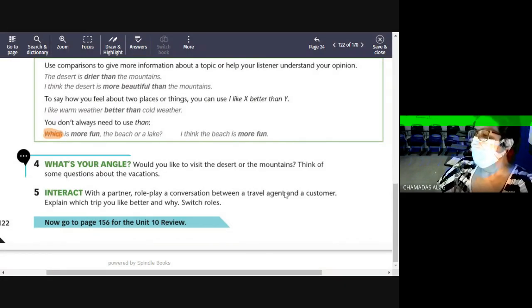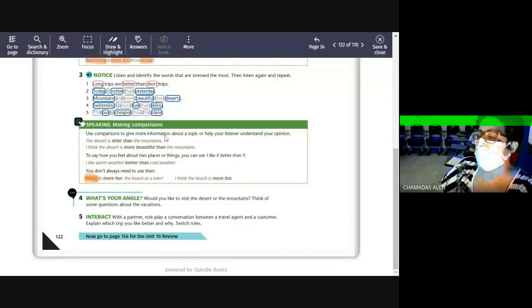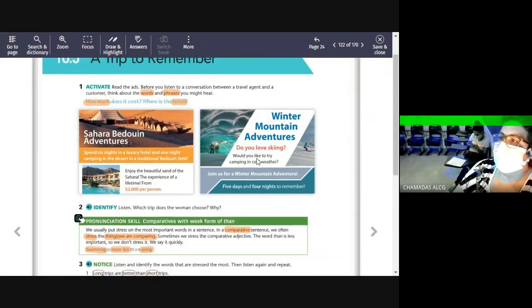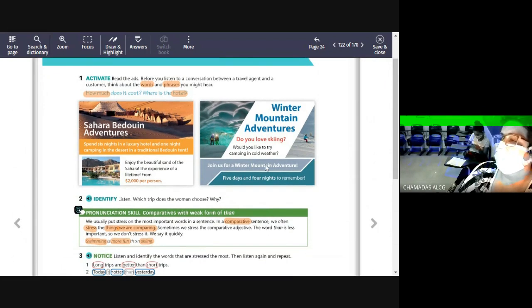So, let's take a look, guys, at our review page. So, by doing this, we finished our Unit 10. Let's look, zoom out. As you can see here, we finished that part. A trip to remember. And the class will go to the Sahara Desert, but Felipe and Stephanie will go to the mountains.